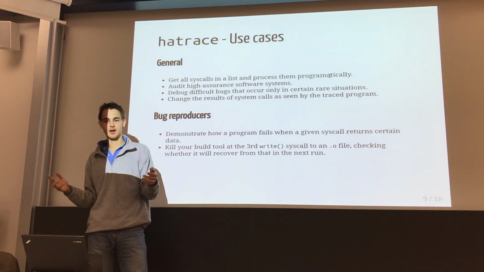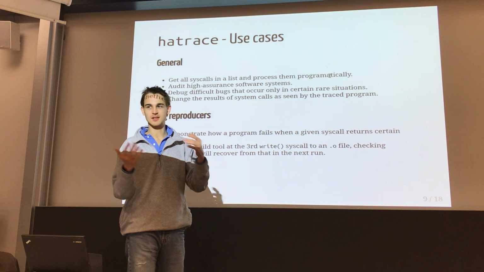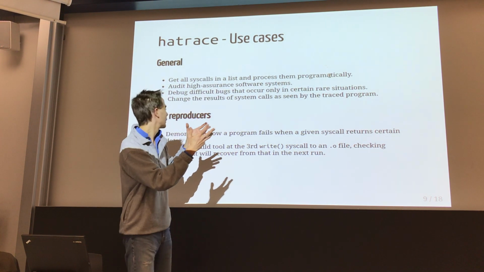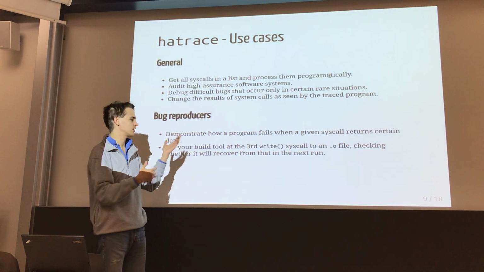Most of the time the programs will not be tested against that, but with this kind of interception you can say, well, what if? You can just make it happen, and this also means you do not need to modify the program for this. This works with closed source software, right?